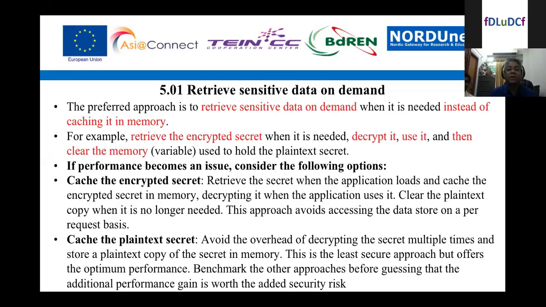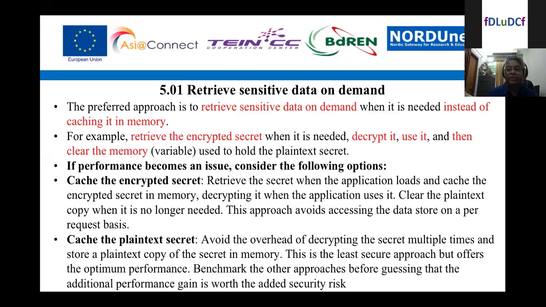So what you need to do is retrieve sensitive data on demand. Never pass sensitive data without the need of the user. If a user needs to access the data, then you can retrieve it from the system.